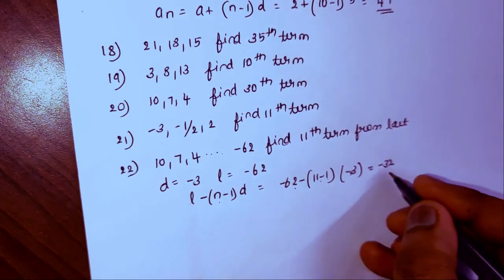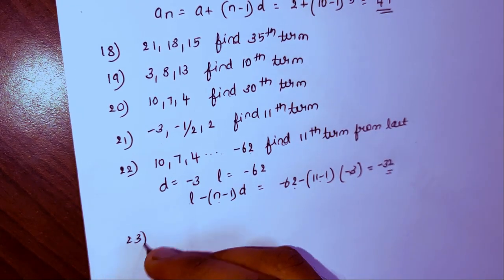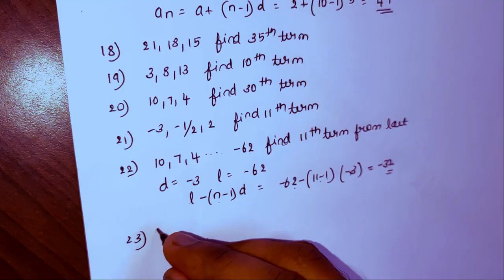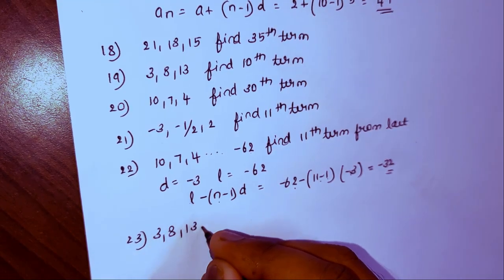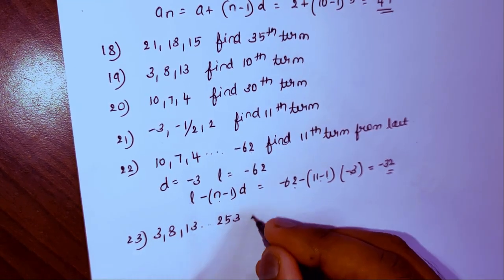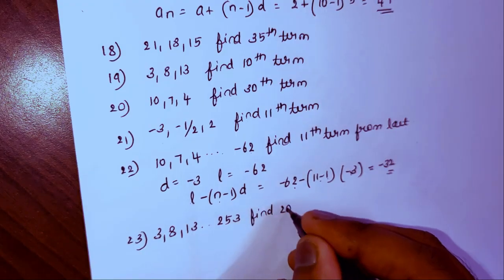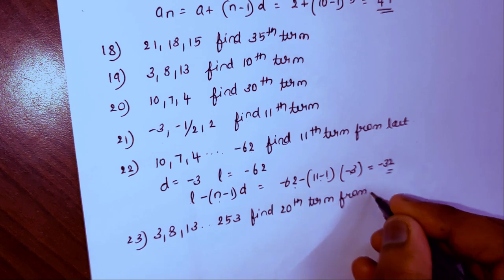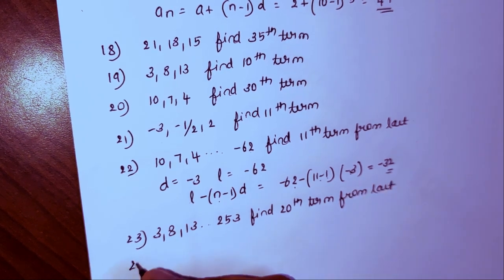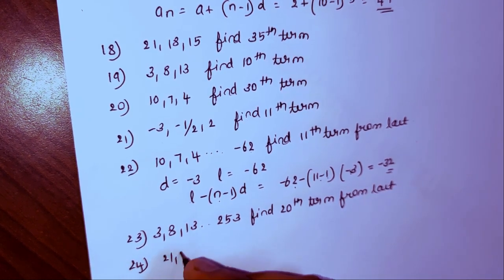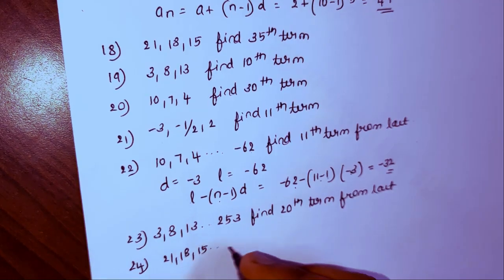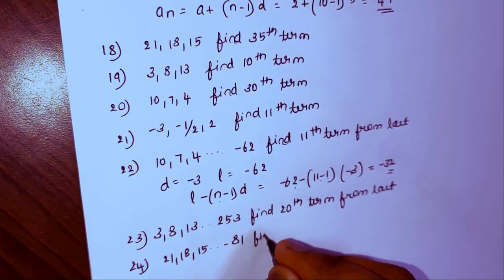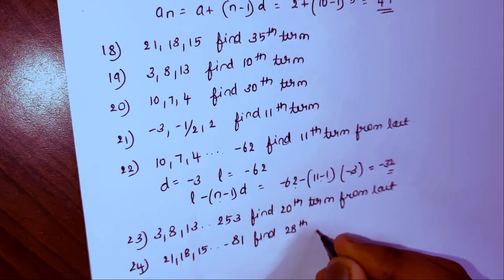So on the 23rd question, 3, 8, 13, and so on up to 253. Find the 20th term from the last. 24th, 21, 18, 15, and so on up to minus 81. Find the 28th term.